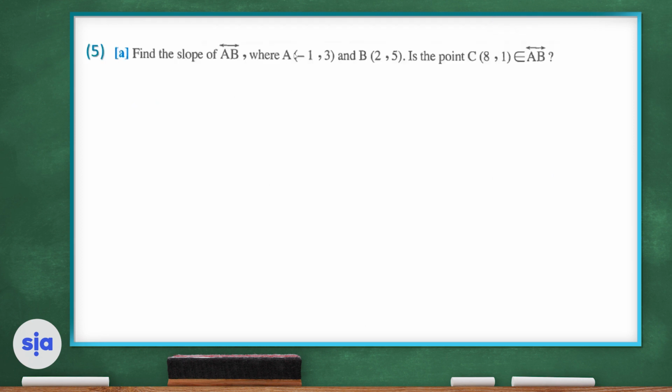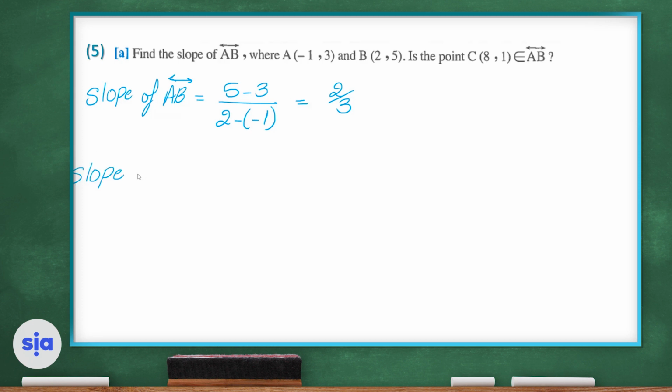Question 5a, find the slope of AB. So first, we need to find the slope. The slope of AB is equal to y2 minus y1 over x2 minus x1. Then the slope here is equal to 2 over 3. The question next is asking me, does point C belong to the line AB? We need to find the slope of any line that has point C. For example, we're going to find the slope of BC.